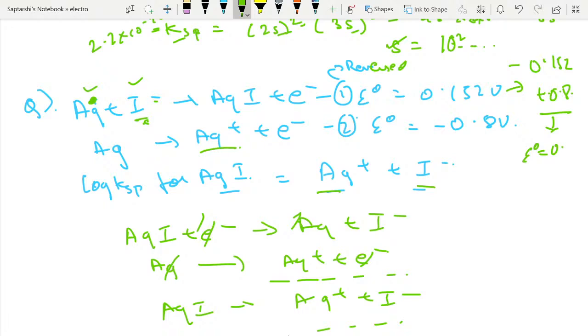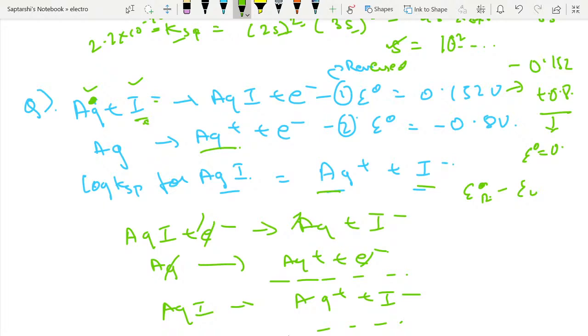So what is E dot? The value of E dot is E cathode minus E anode, or E right minus E left. So over here, what was the cathode?